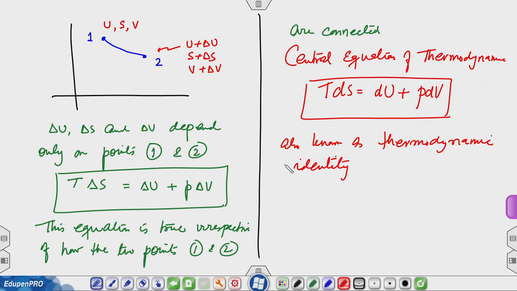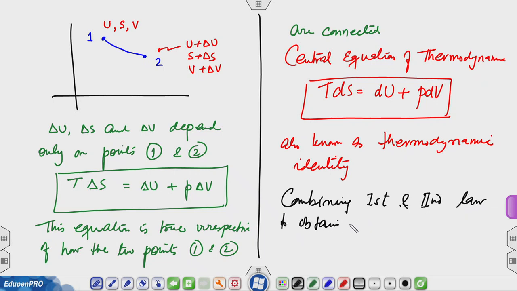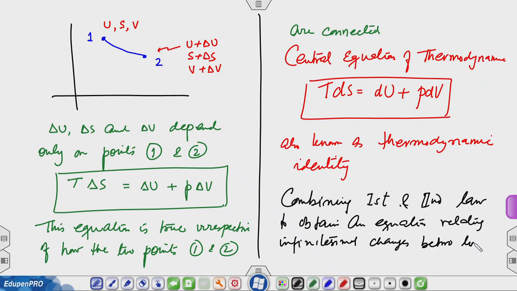So this is the combining of first and second law to obtain an equation relating infinitesimal changes between 2 states close by.